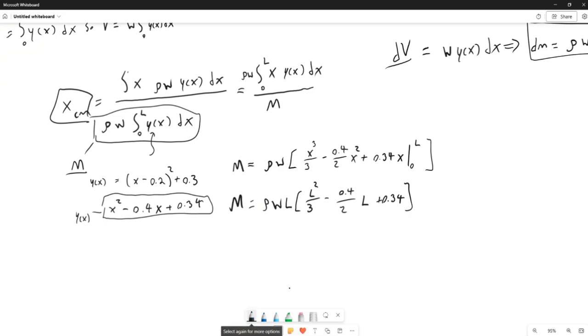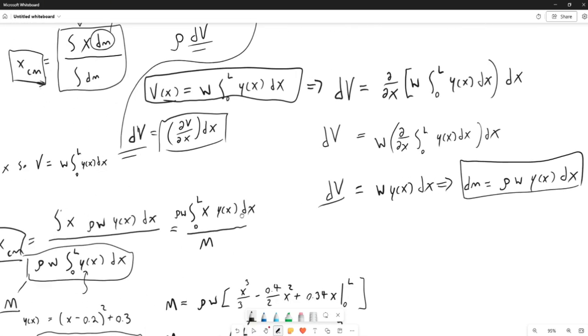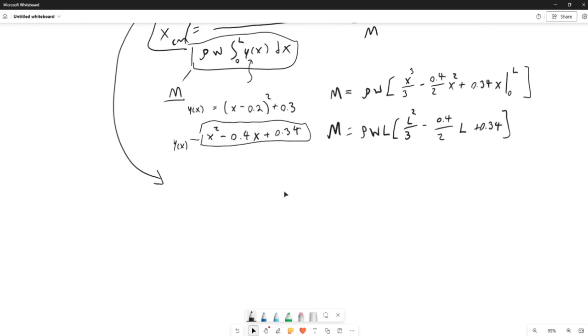And we need to do almost the same integral, except there's an x involved for the numerator. And so we get the integral from 0 of x times y of x, which is x squared minus 0.4x plus 0.34.